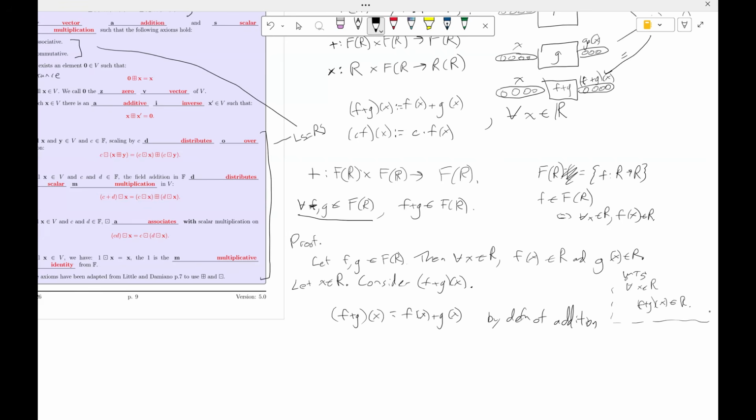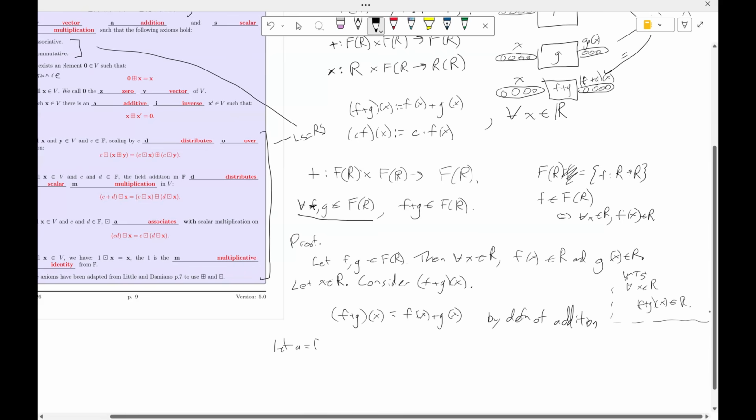Next, I want to show that whatever this is, it's in R. Well, I know because f and g are in F(R) that f of x is in R and g of x is in R. So to make this a little clearer, I'm going to say let a equal f of x and b equal g of x.